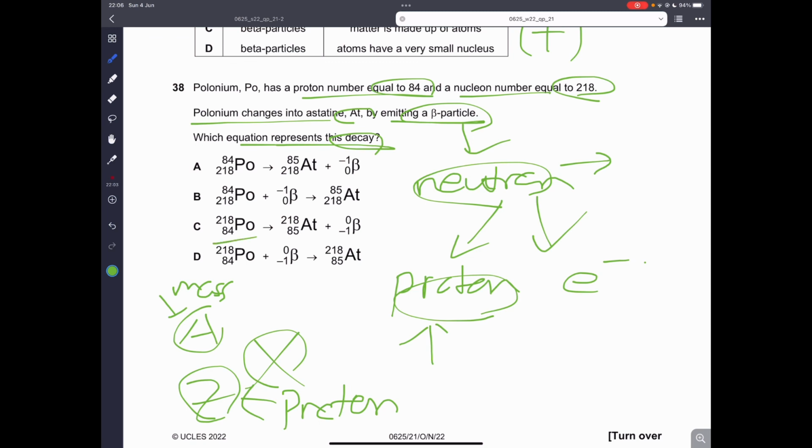So it's going to be either C or D, but D is not possible because the beta particle is going to get emitted, so it's going to be C. And let's check more. The astatine is 85 because, as I said, the neutron splits into a proton, and therefore one proton is added, 84 to 85. The mass number 218 doesn't change, so C is the correct answer.